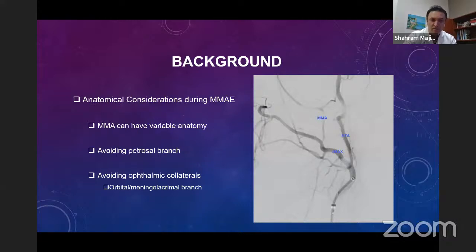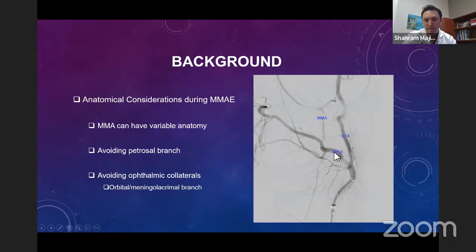So, some anatomical considerations for middle meningeal artery embolization. Every embolization case starts with careful angiographic review of the vascular anatomy. The most common configuration of the middle meningeal artery anatomy starts with the MMA taking off from the proximal segment of the IMAX, as you see in this lateral view of the external carotid artery injection.